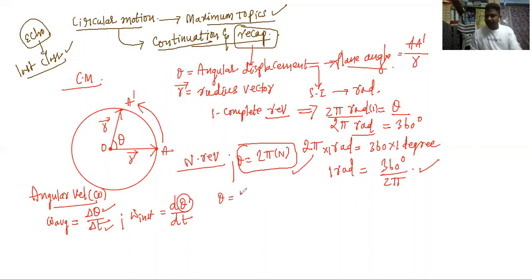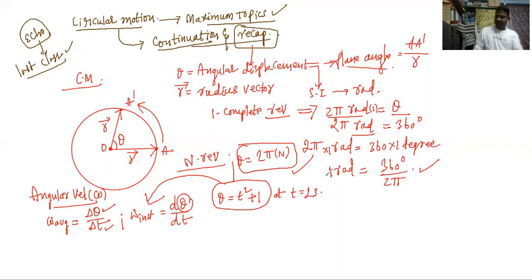Imagine theta is t square plus 1. Then you can find the instantaneous angular velocity at a particular time. Let's take t equal to 2 seconds. Substitute here.